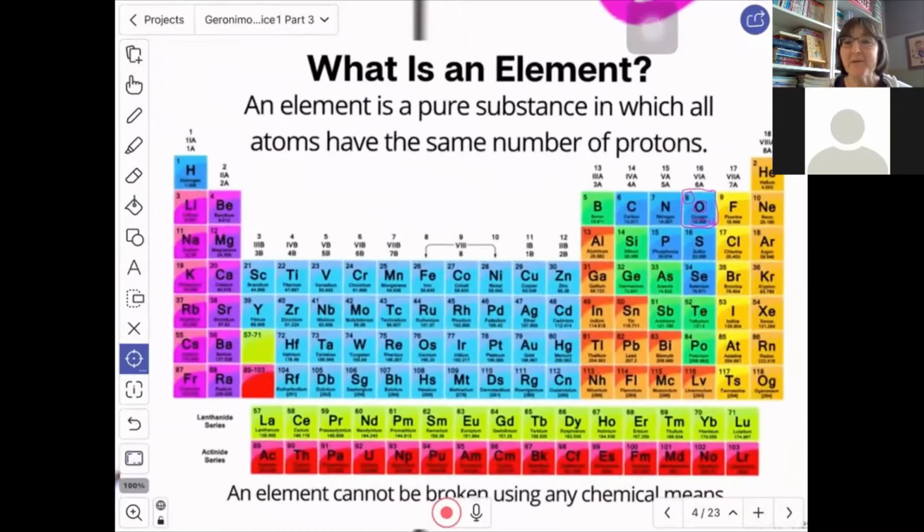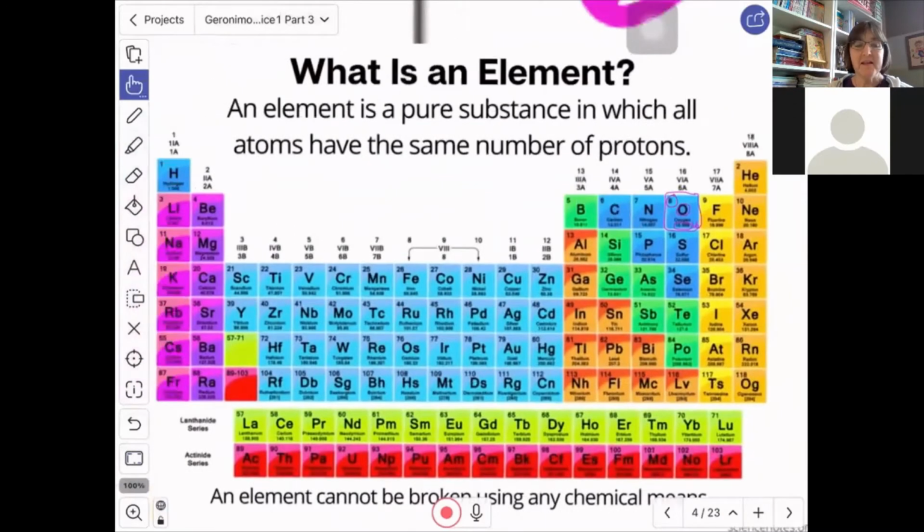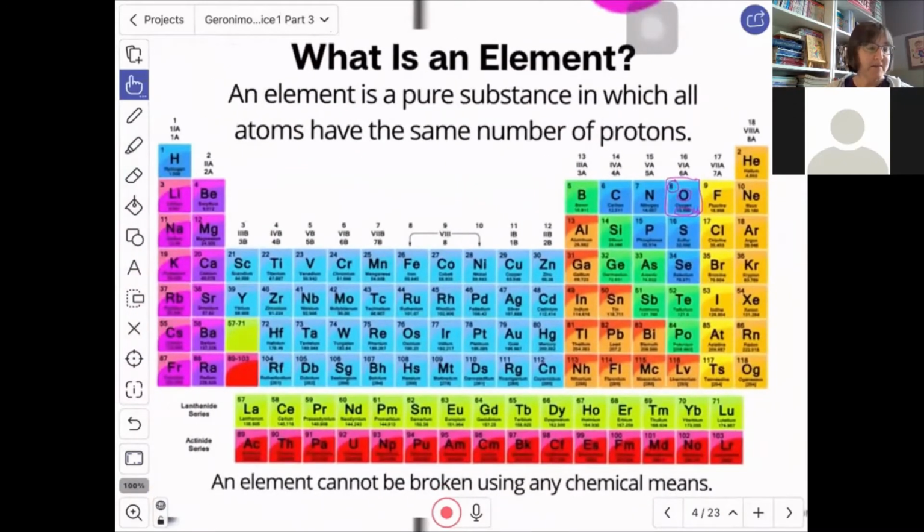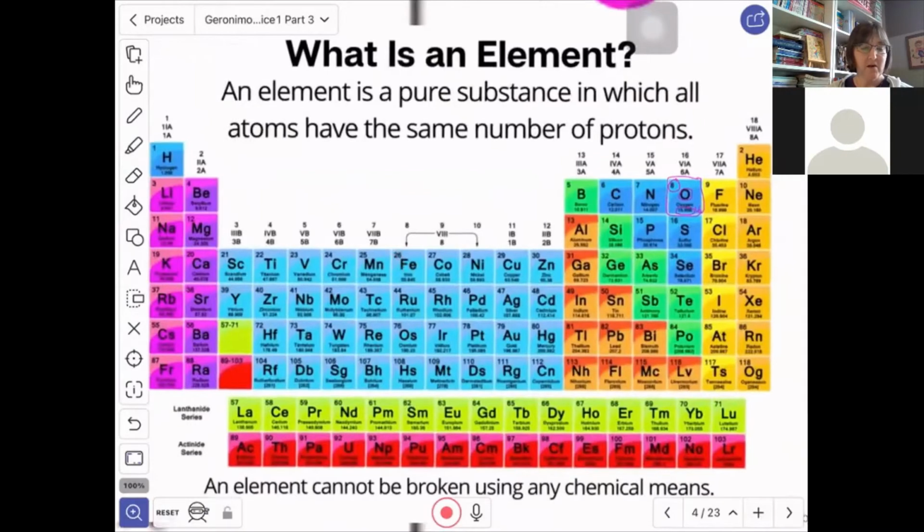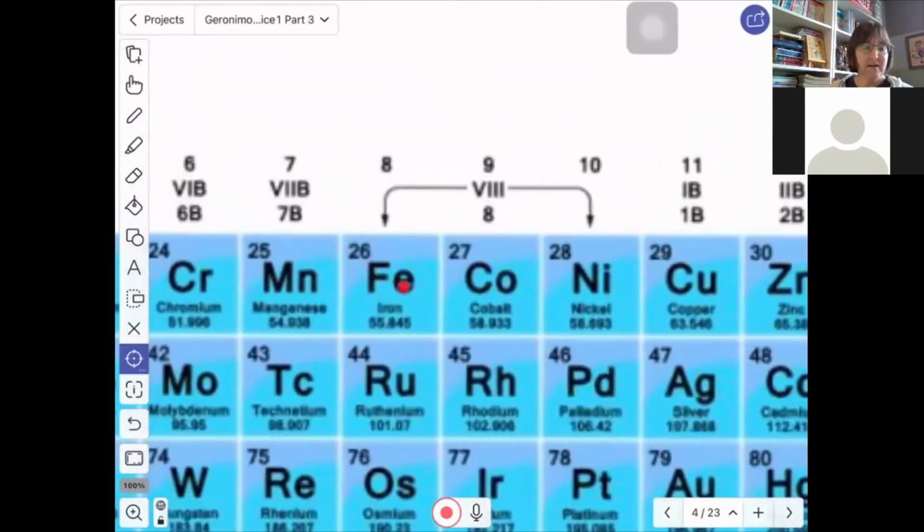So if you see an atom and you know how many protons are in it, you can look at this and find the number. If you know there are 26 protons, you find number 26 and you say, oh, that's Fe, and Fe means iron. The 26 tells us how many protons.